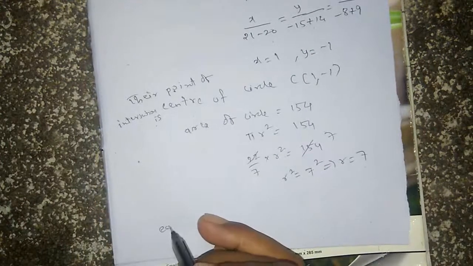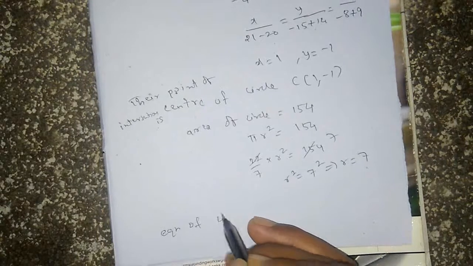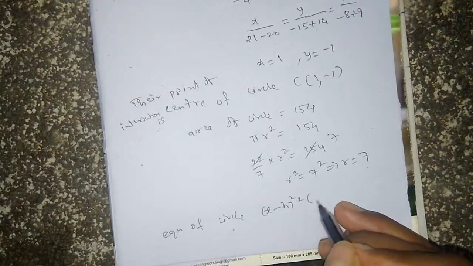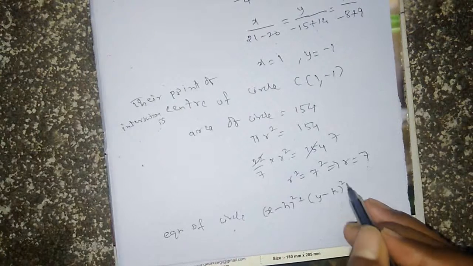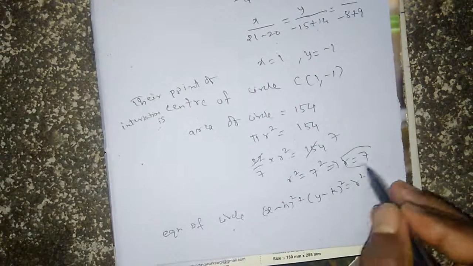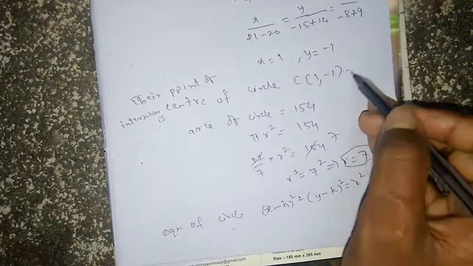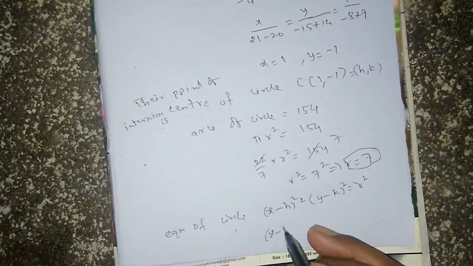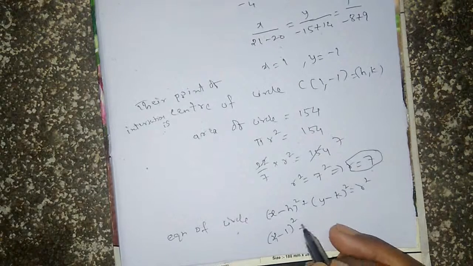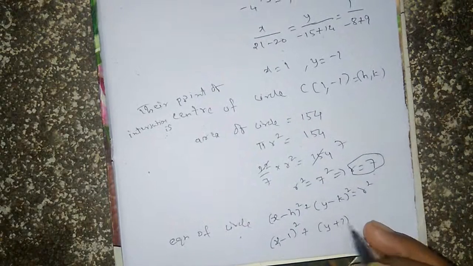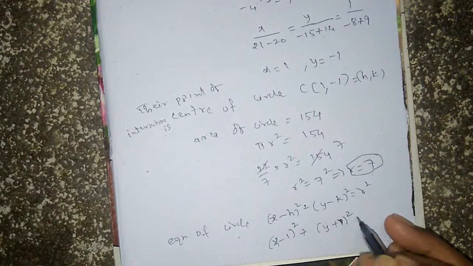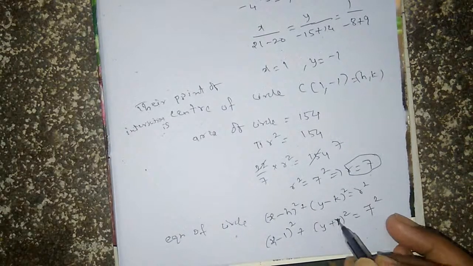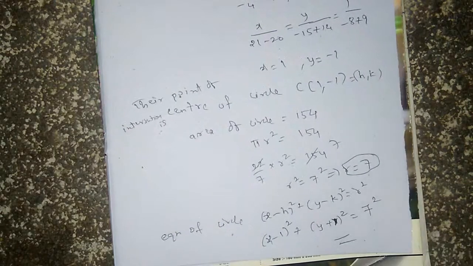Therefore the equation of the circle is (x - h)² + (y - k)² = r². Here r is known and the center (h, k) is known. Now substitute: (x - 1)² + (y + 1)² = 7². Simplify this and you will get the equation of the circle.